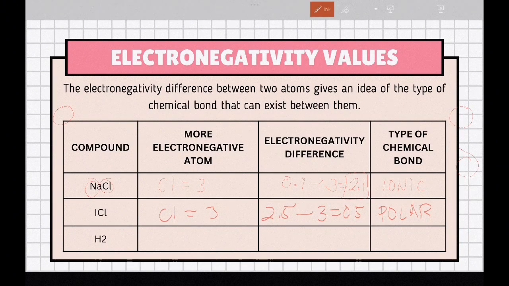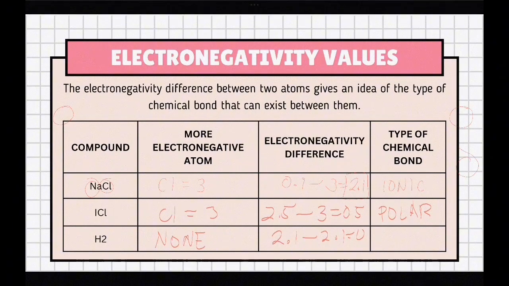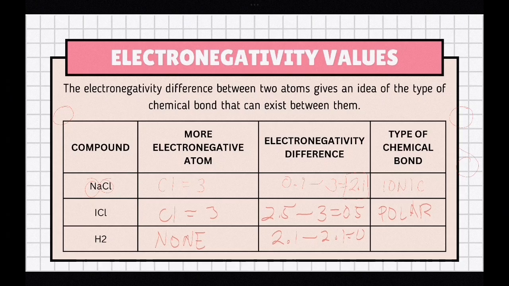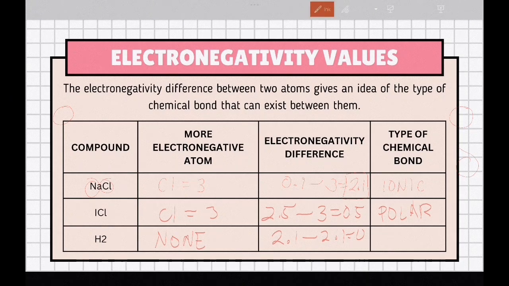So we write here that hydrogen has no greater electronegative atom, none, because they're the same. So their electronegativity difference, 2.1 subtracted from 2.1, definitely that will be 0. So we go back again in our chart. So this is classified as non-polar.